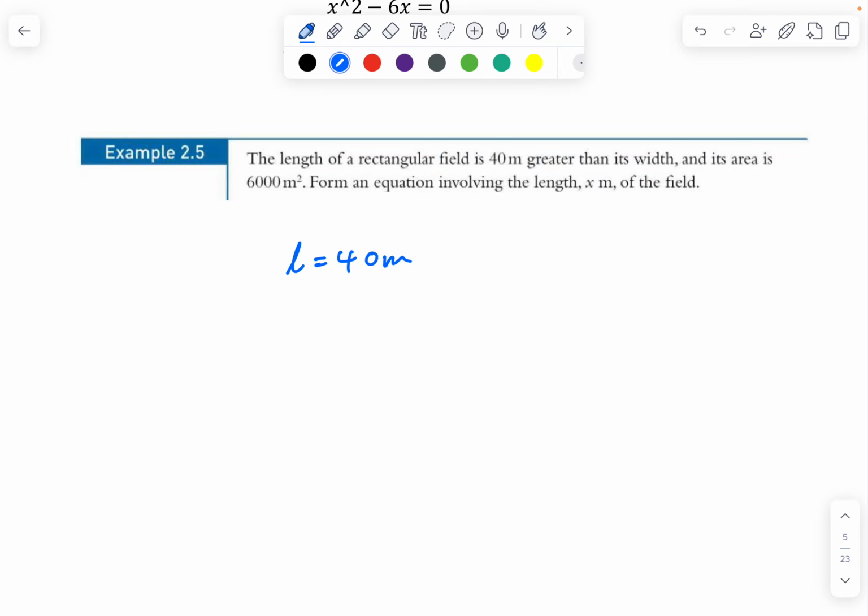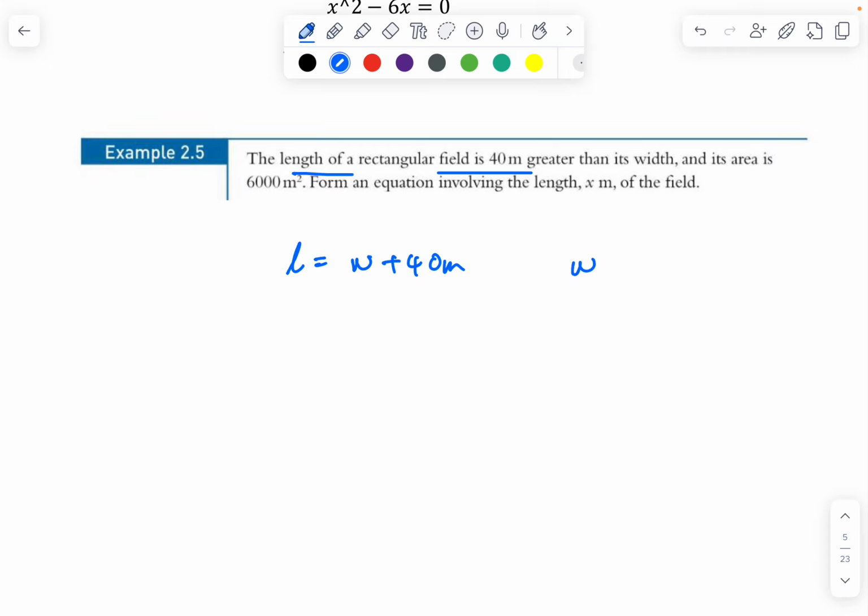The length of a rectangular field is greater than its width. The length of a rectangular field is 40 meters greater than its width. So it's the width plus 40 meters.